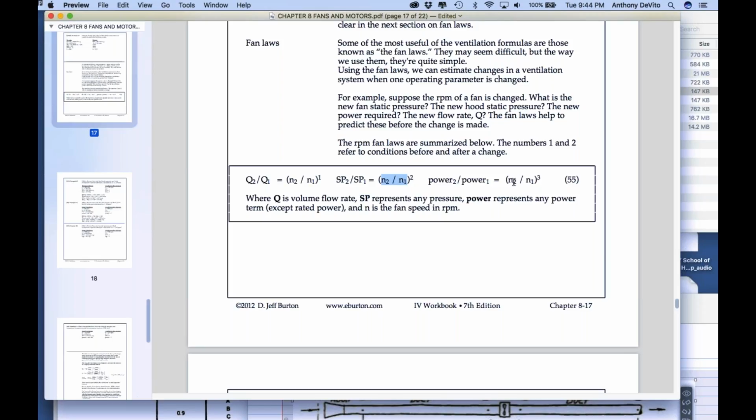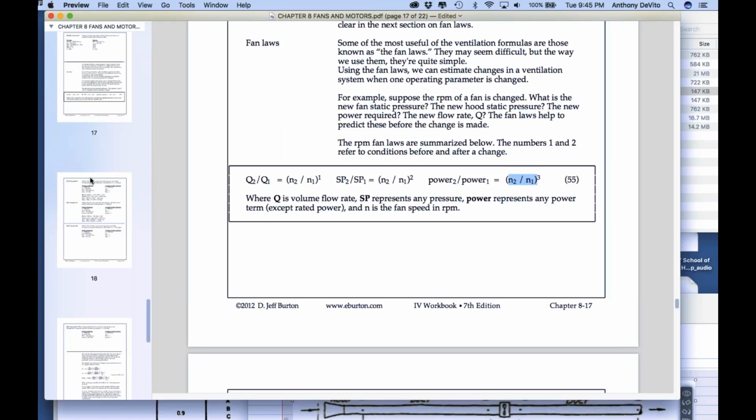And the power requirements go by the third power: 2 times 2 times 2 is 8 times the amount of power you need to run that fan if you double the RPM. But you'll be delivering a lot more air. Those are formulas that relate the RPM.